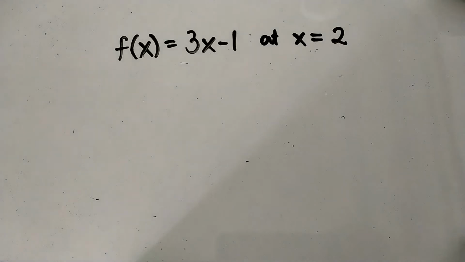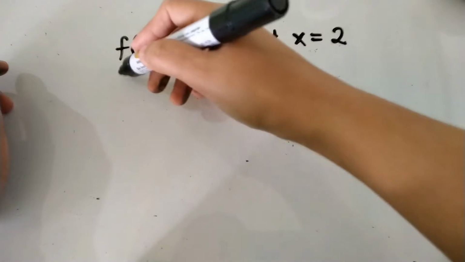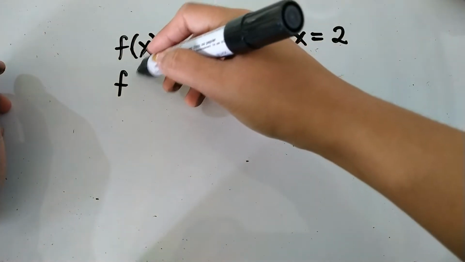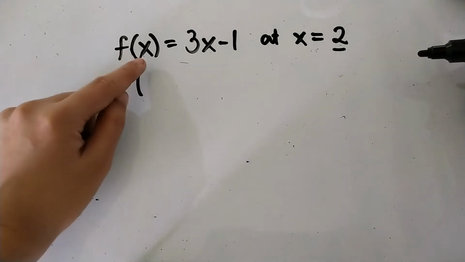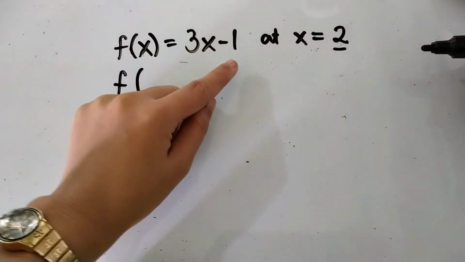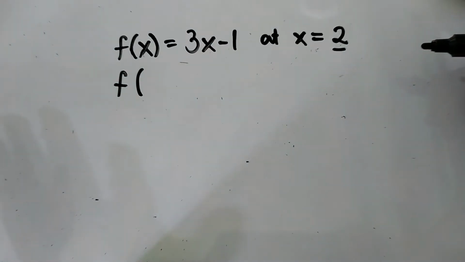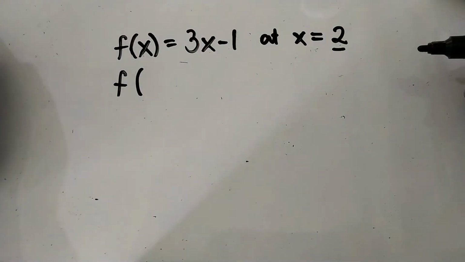So, lahat ng nakikita natin na variable x, papalitan natin ng 2. So, let's start. F of, ano ang value ng x? It's 2. So, this is f of x equals 3x minus 1. Lahat ng nakikitang x, papalitan natin ng 2.